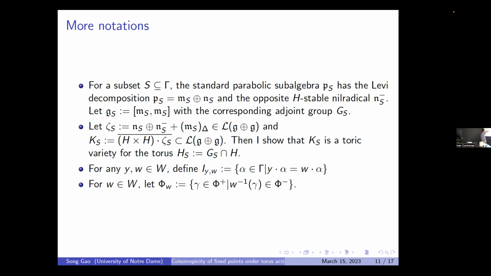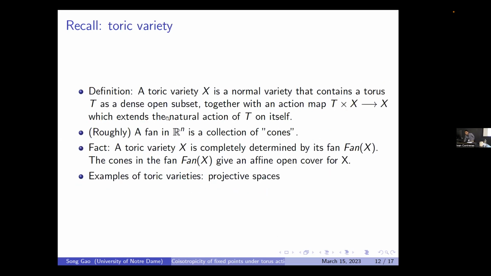Before continuing, let's give a quick review of what a toric variety is. A toric variety X is a normal variety that contains a torus T as a dense open subset, together with an action map which extends the natural action of T on itself.